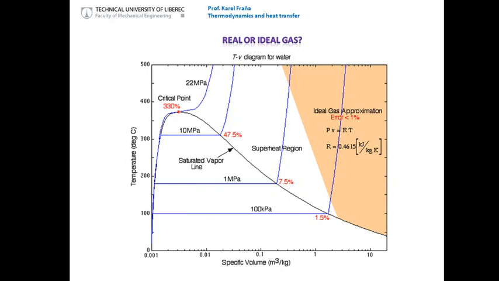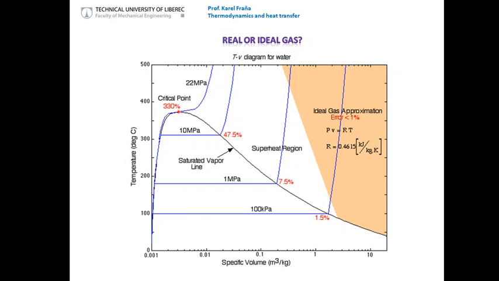Generally, you should remember that you can use it everywhere the error will be lower than 1%. These rules you can apply here as well. What you can see now is the superheated region of the steam, which is all the area above the lines which indicate the saturated vapor line. Please look at the graphs, it's indicated here.